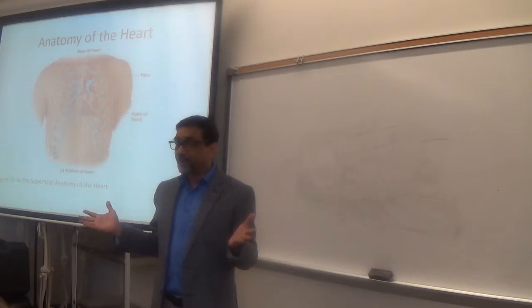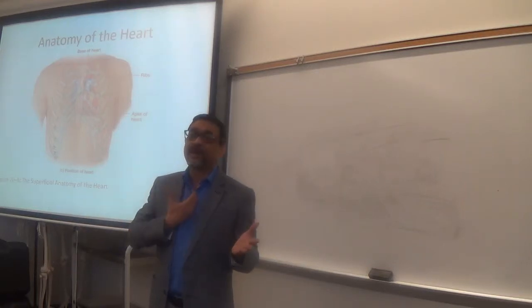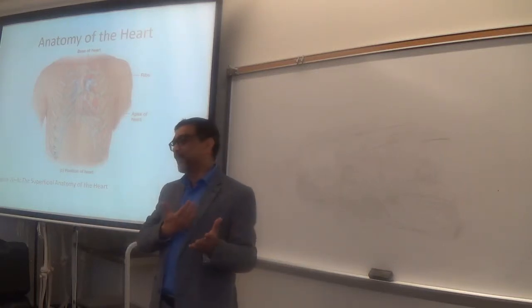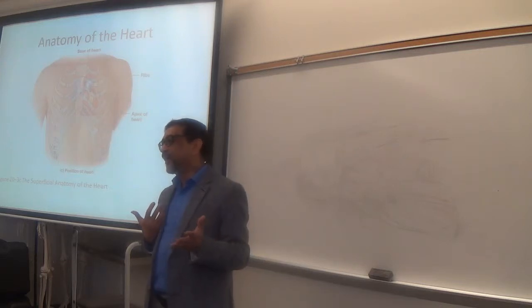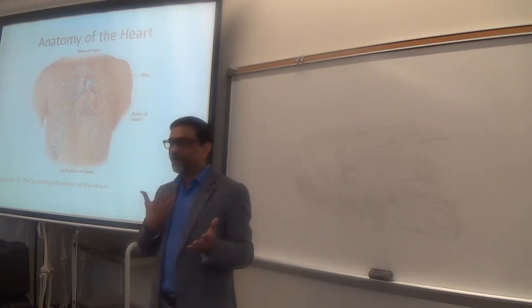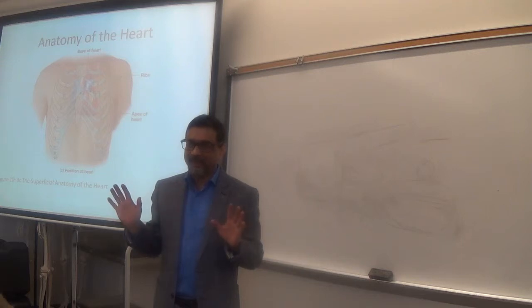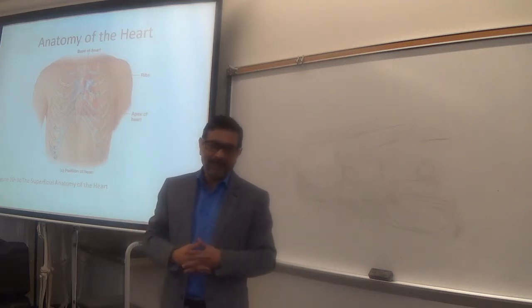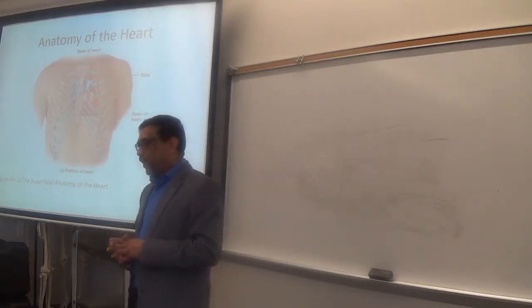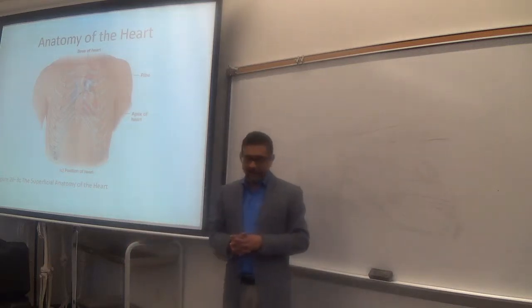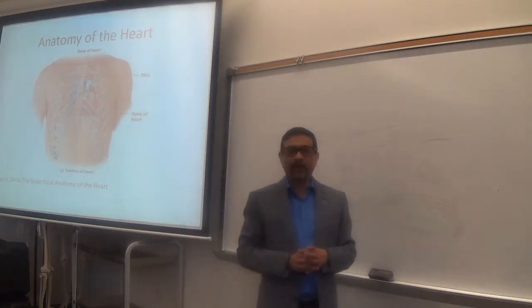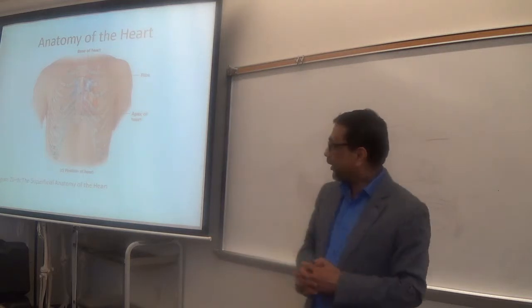Left, but not completely in the left. 2/3, most part of the heart is in the left side, 1/3 is in the right side of the thorax. Make sense? So that's how we say left. So 2/3 part is located in the left side and 1/3 is located in the right side.